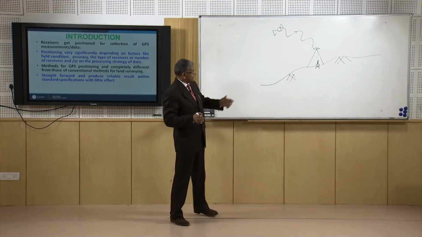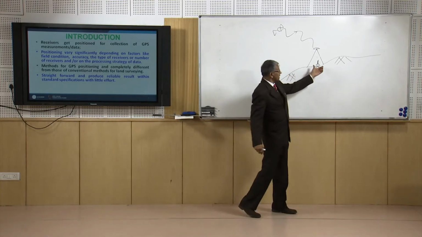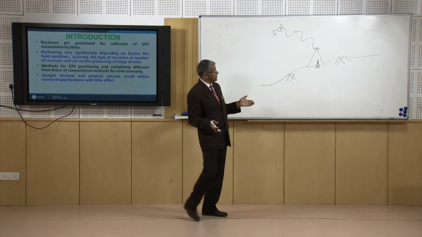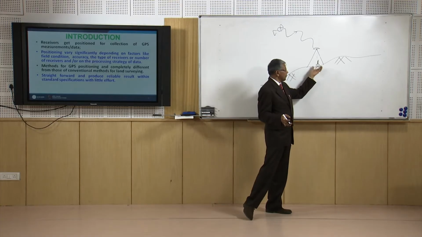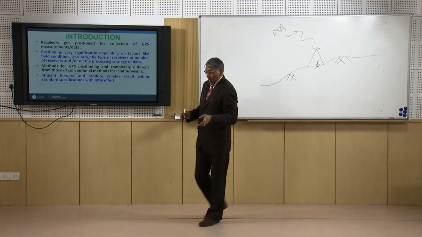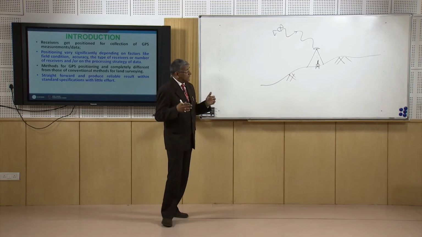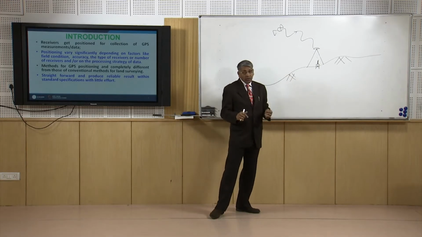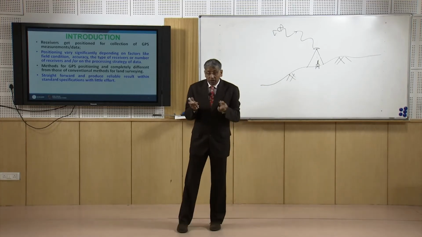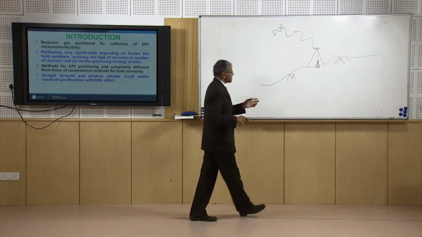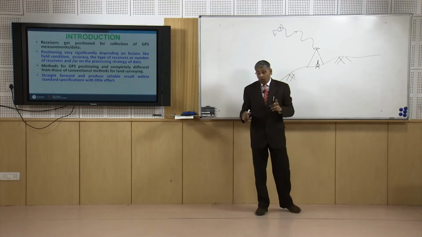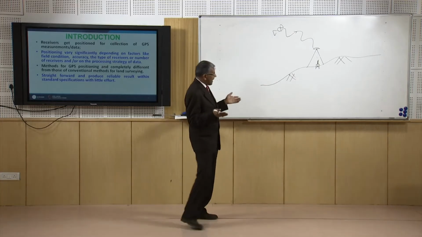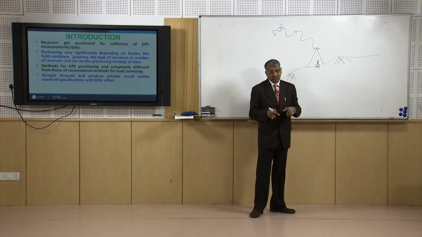Now this is one of the ways how GPS is set up. Of course, we always have to set up the instrument just above the control point, but depending upon the field condition, the accuracy of positioning, how many receivers we will use for establishment of this point, and how we are going to process the data, on the basis of that we have different methods.